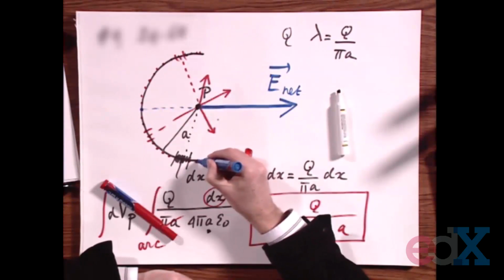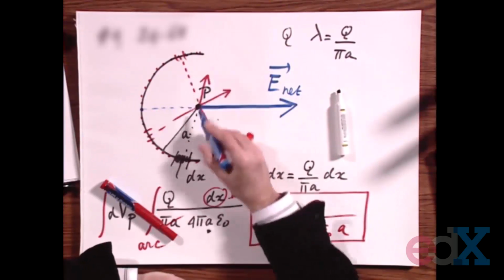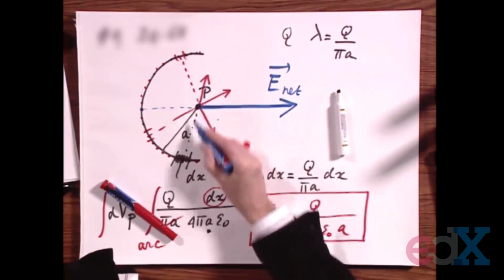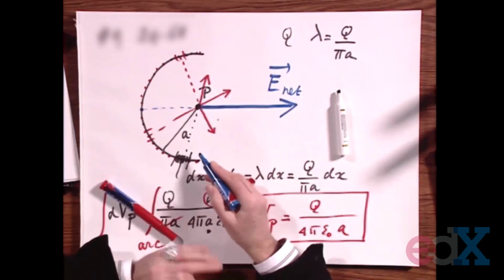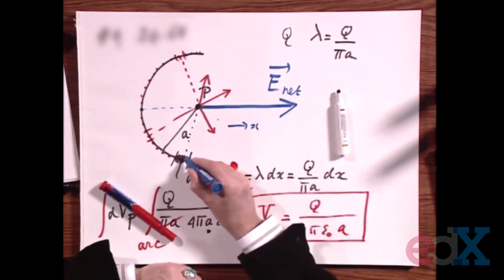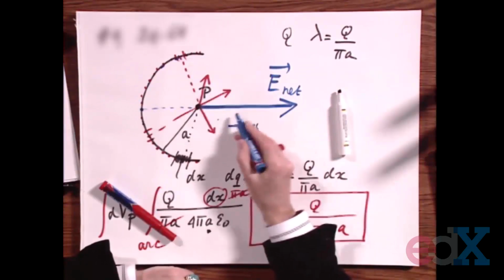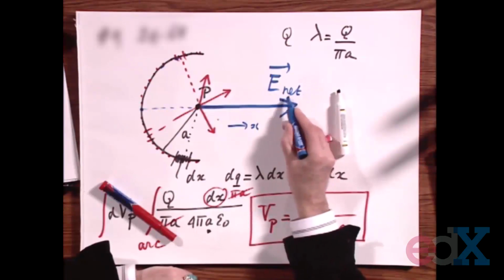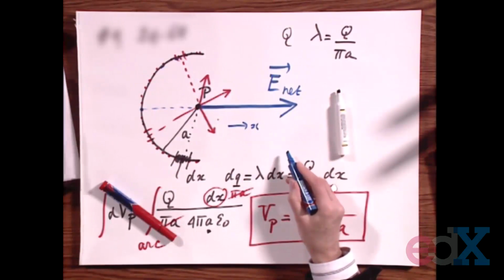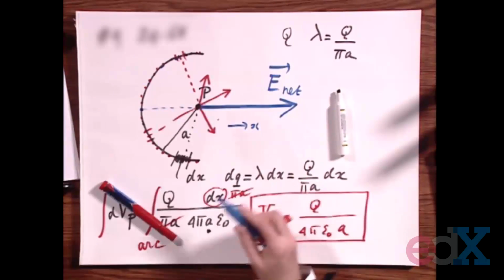What I have here, below this horizontal line, is exactly what I have here. So you don't even have to worry about the y components. So all you have to do is calculate all the x components due to all these little elements. And then you have to do an integral over the whole arc, forgetting the y components, and out comes the net E vector, which will be, I guarantee you, in this direction.